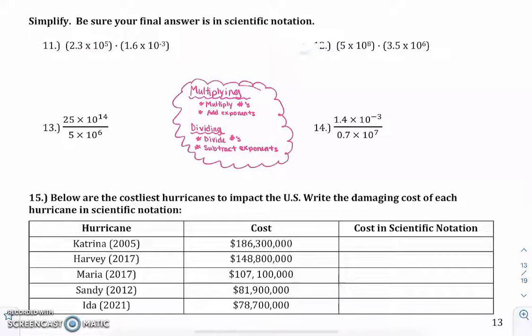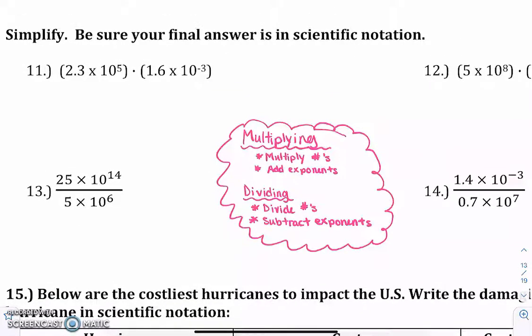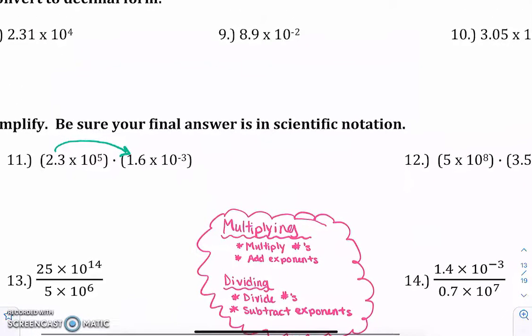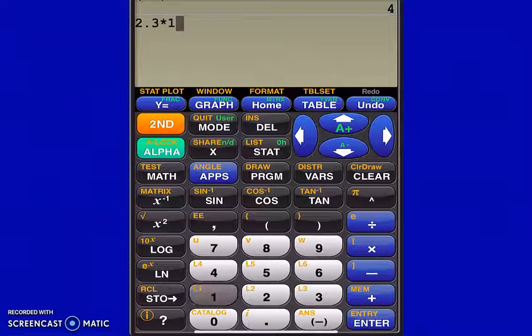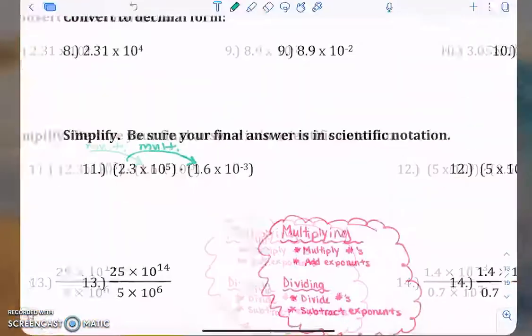So for number 11, we would do 2.3 times 1.6. So we multiply those together. Get 3.68.